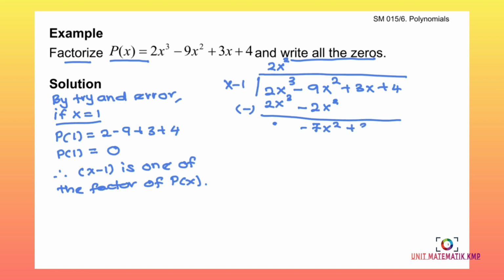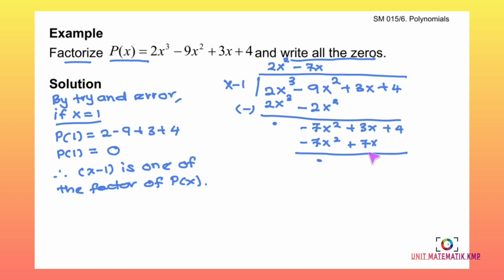So bring down 3x plus 4. Next, x times what equals negative 7x squared? x times negative 7x, right? So we have negative 7x squared. Negative 7x times negative 1, we have positive 7x.